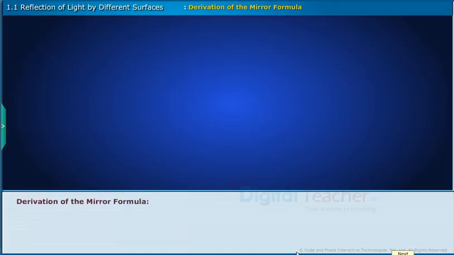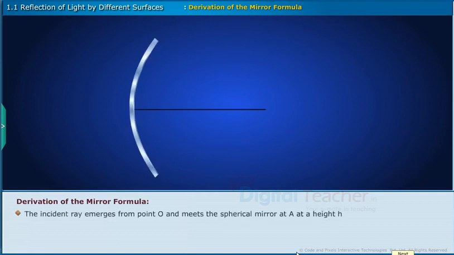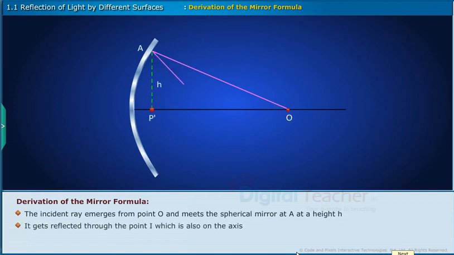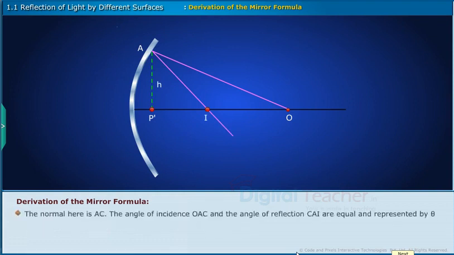Derivation of the mirror formula. The incident ray emerges from point O and meets the spherical mirror at A at a height h. It gets reflected through the point I, which is also on the axis. The normal here is AC. The angle of incidence OAC and the angle of reflection CAI are equal and represented by theta.